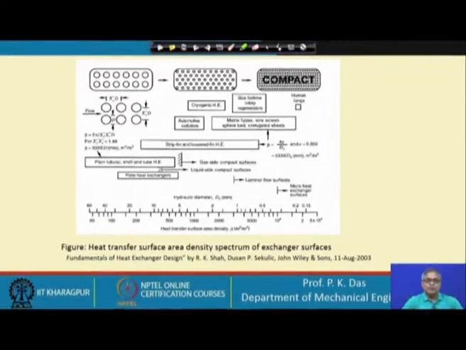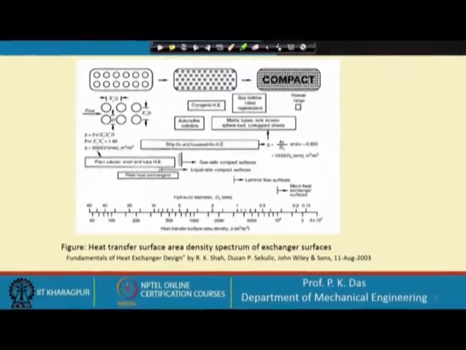If the pressure drop increase is justified by other benefits, then only one can go for a very compact heat exchanger. The other thing is that if the passages are small, there could be a possibility of choking of these passages.